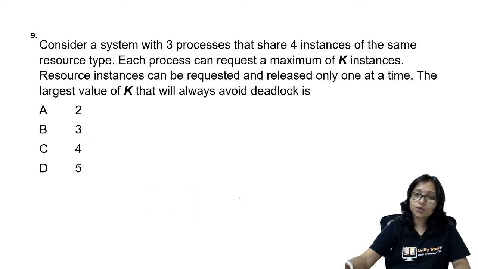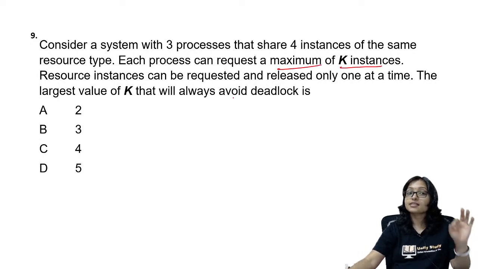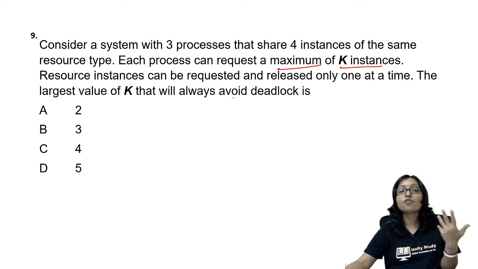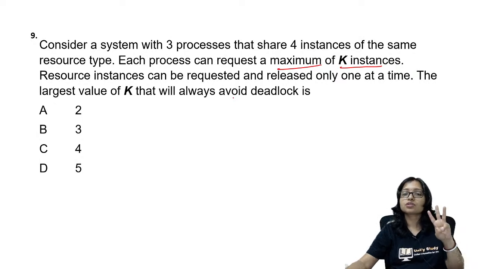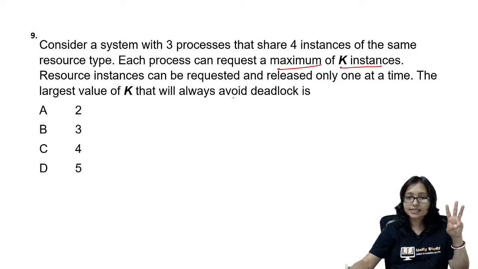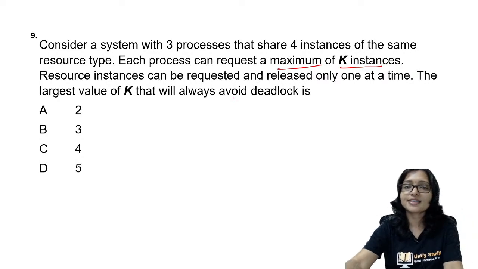Just like this question, which asks for maximum k instances. So what is the maximum need of each process? How to solve this type of question? These are the three types of questions you can get in the exam hall, and I will tell you a very easy way, and after that it will be super easy for you.